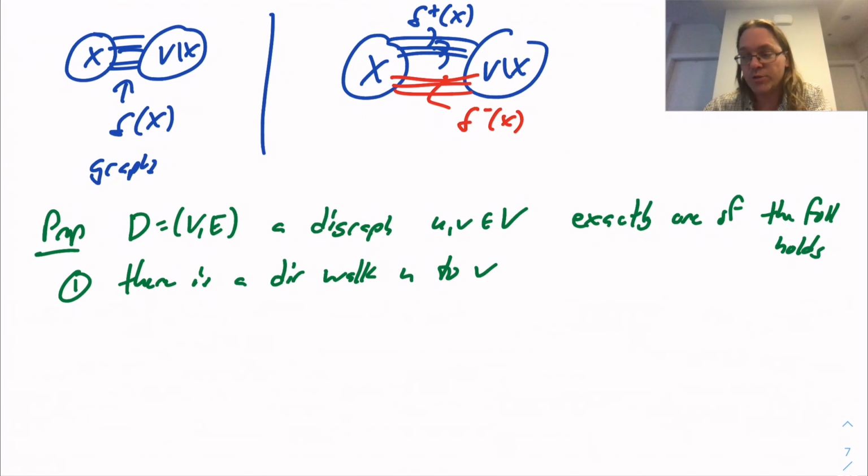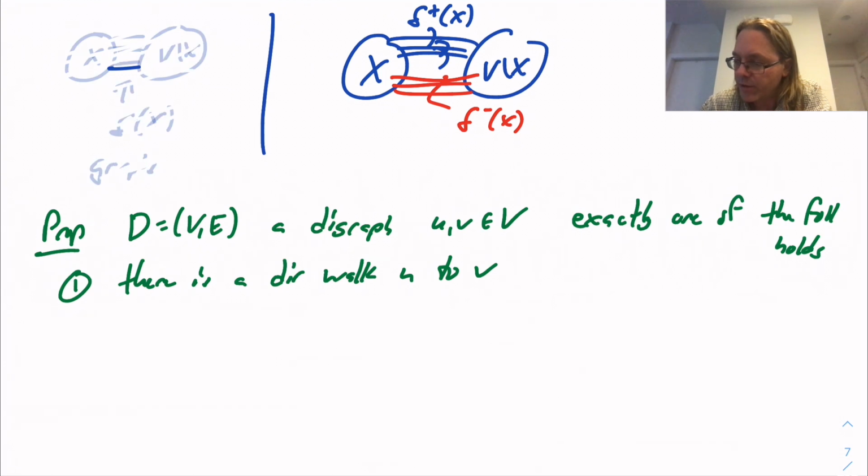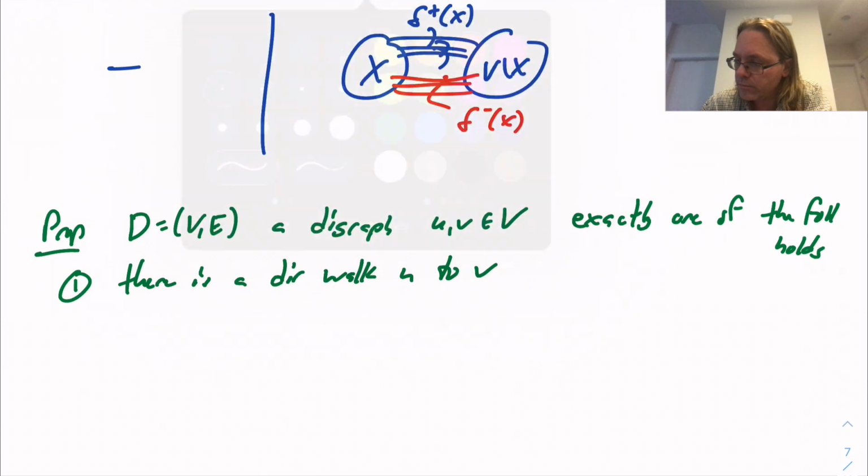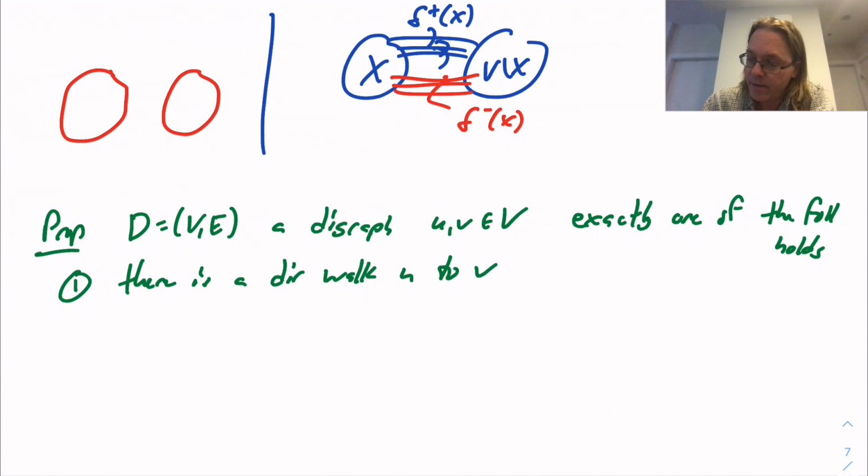What would be a structural reason why there's no directed walk from U to V? Let me draw a picture up here. Why would there be no walk from U to V? Well, here's the thing that would really get in your way.